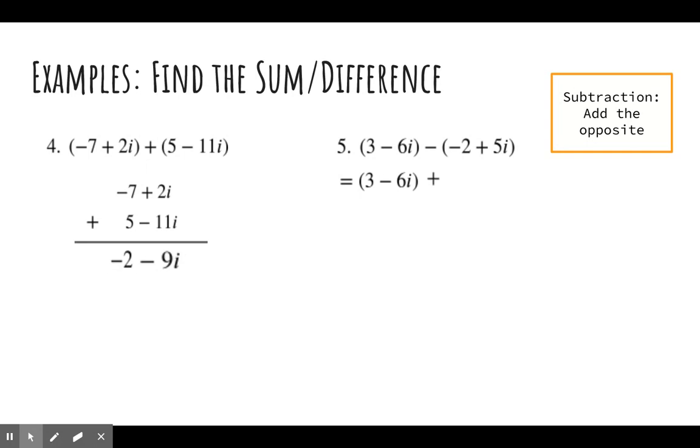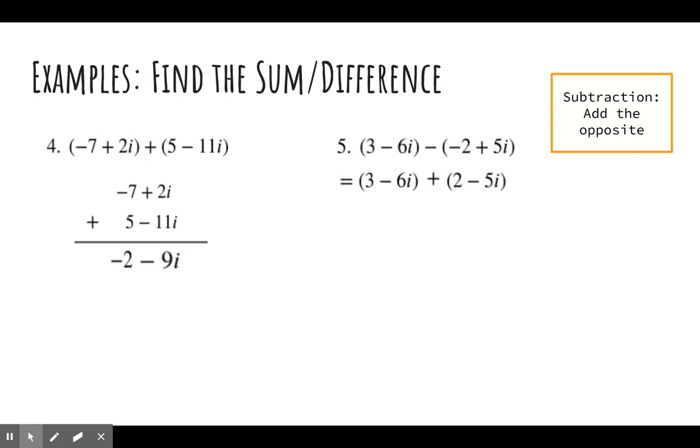We're going to change the subtraction to adding and change each of the signs of the next complex number. Add the opposite. Keep the complex number, change the subtraction, and change the signs of the last complex number.